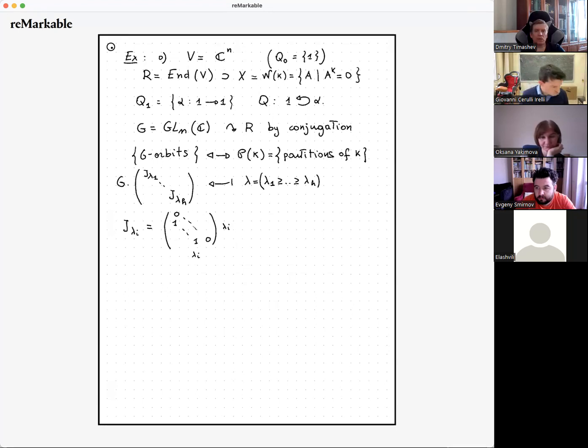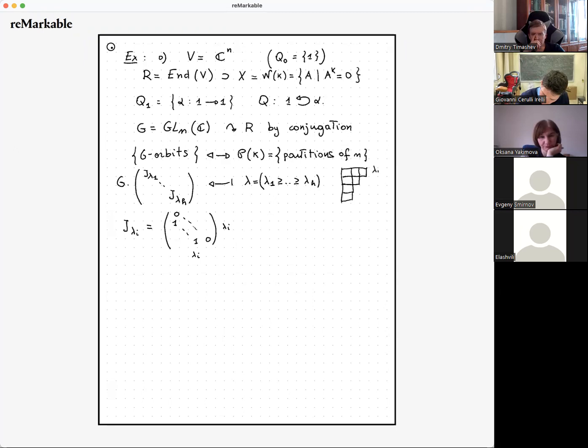Partition of N? It's a partition of N. Sorry, yeah, of course. Yes, so we display them as usual like this, lambda 1, ... lambda H. So it must be rather partitions of N into pieces not exceeding K. Yeah, so let me just consider the whole nilpotent variety, just to be sure. It doesn't really matter here.